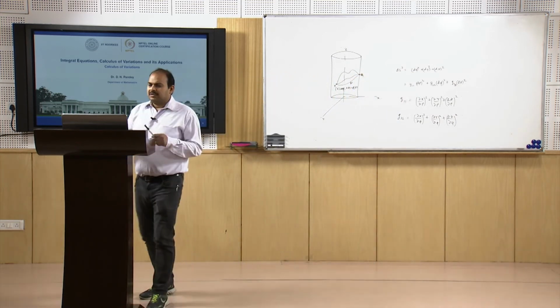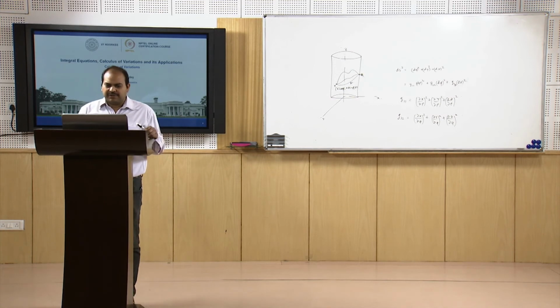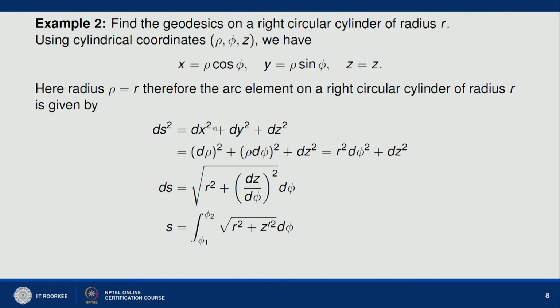So for a right circular cylinder of radius r, ds square is equal to dx square plus dy square plus dz square, where x is rho cos phi, y is rho sin phi, and z equal to z. Using the formula which we have listed, you can find g11, g22 and g33.